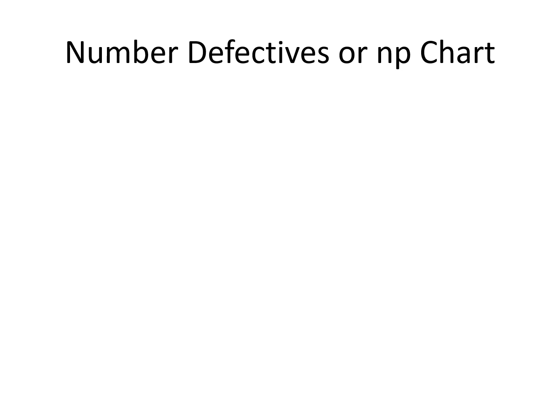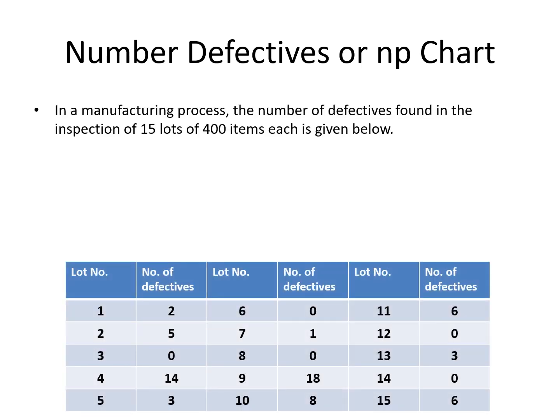So in the number defective chart, we have a problem where in a manufacturing process, the number of defectives found in the inspection of 15 lots of 400 items each is given below.